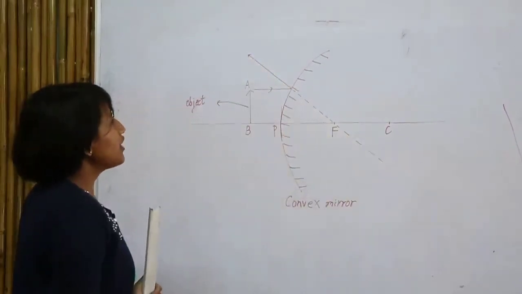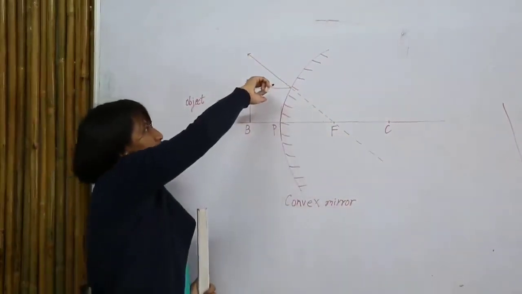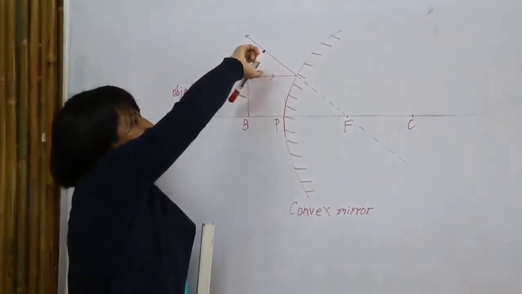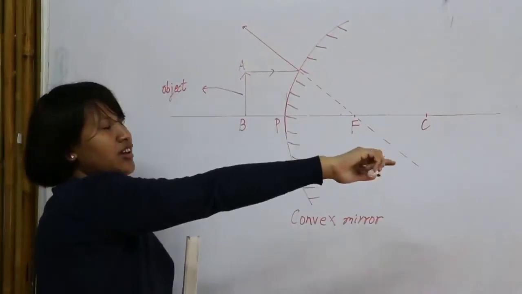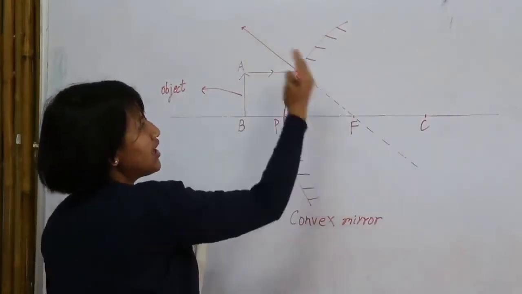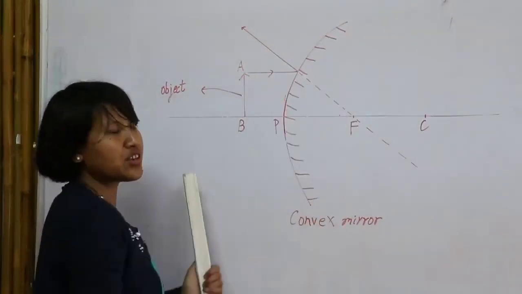Then again from this point A, you draw a ray passing through the center of curvature. Parallel, focus, and then center of curvature.